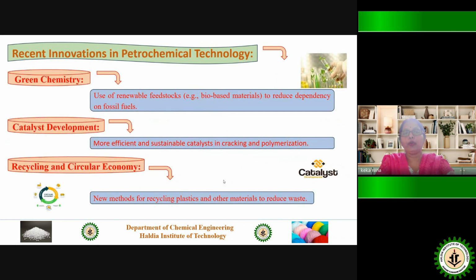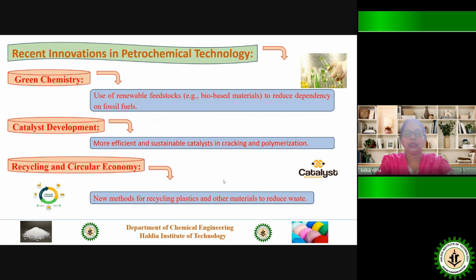What are the recent innovations in the petrochemical industry? The first is green chemistry, which you cannot forget to cite here. Use of renewable feedstock like bio-based material can reduce the dependency on fossil fuels, because we have to think about depletion.